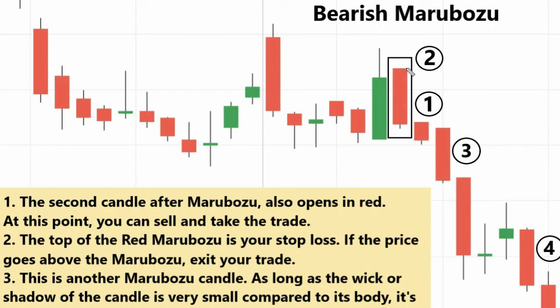As you can see on the screen, this is a bearish Marubozu, and now let's check all the necessary conditions for the Marubozu candle. We have a downtrend, and then one big candle and another big red candle, which is a bearish Marubozu. So the first condition is met, and the second condition: open is equal to high and the low is almost equal to close.